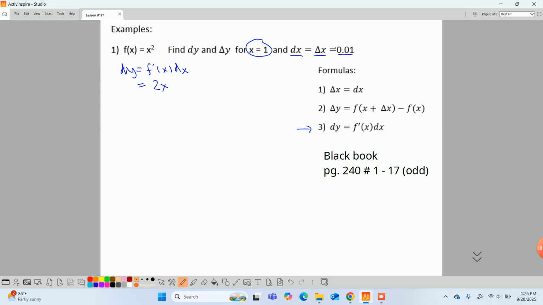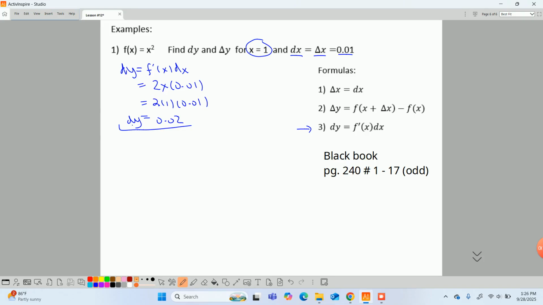They gave that to us: 0.01, so I'm going to multiply that. Now it tells me that when x is 1, so I can take 1 and plug it in here. That gives me 2 times 1 times 0.01, and when I multiply all this together, we get 0.02. So that is dy.